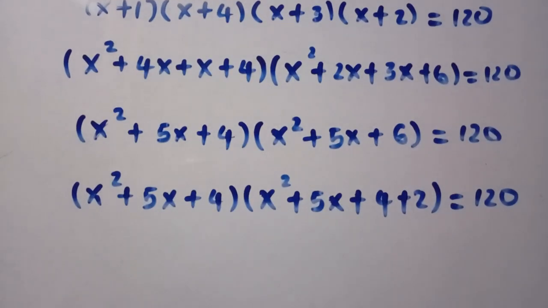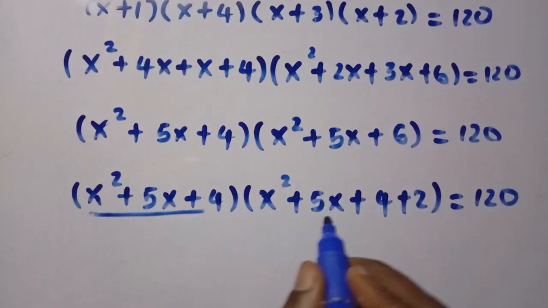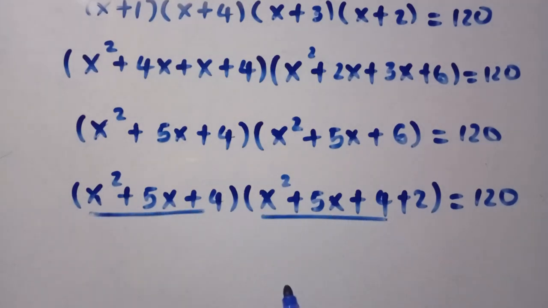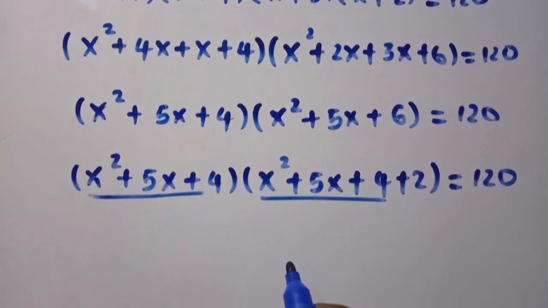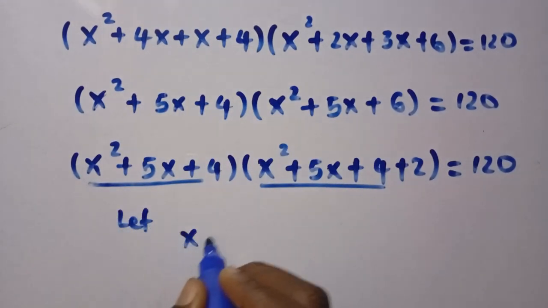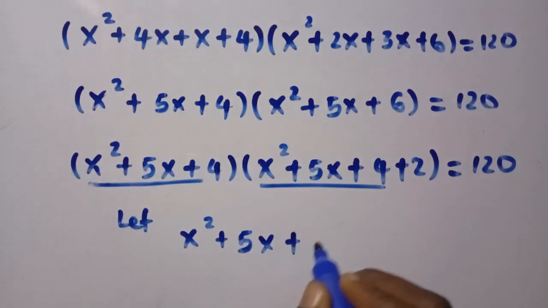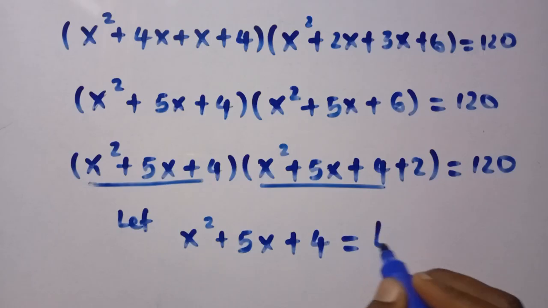Then here, let's let x squared plus 5x plus 4 be equal to another letter. Suppose I choose t. So we are going to let x squared plus 5x plus 4 equals t.